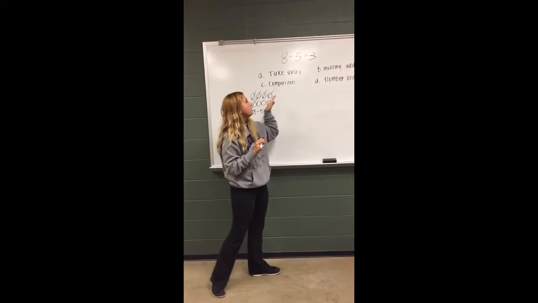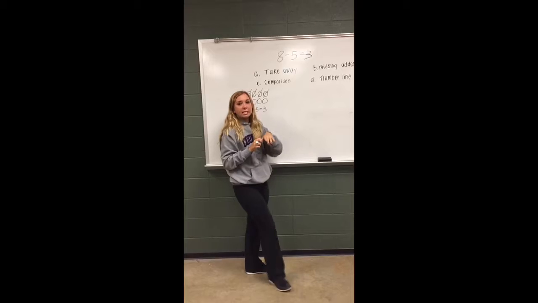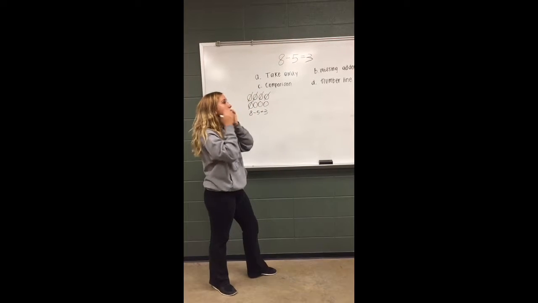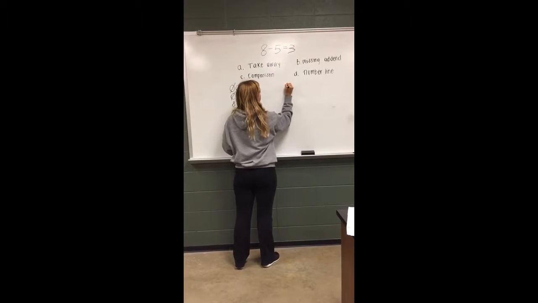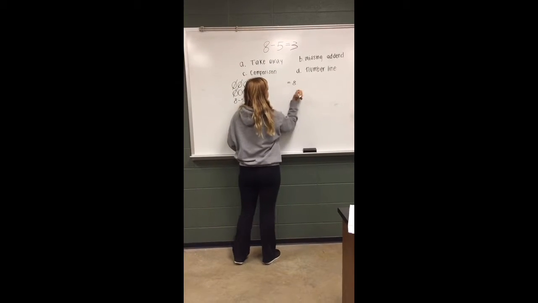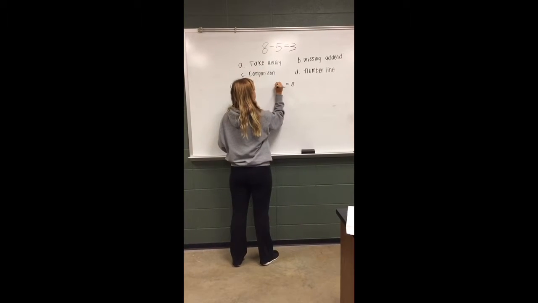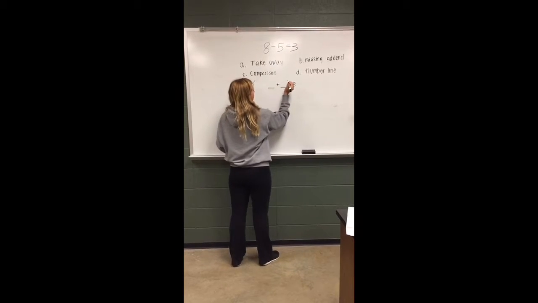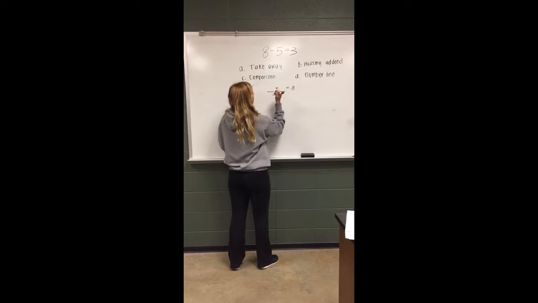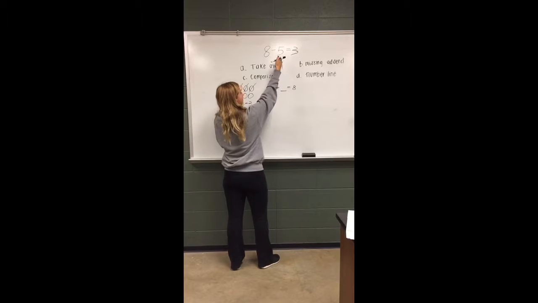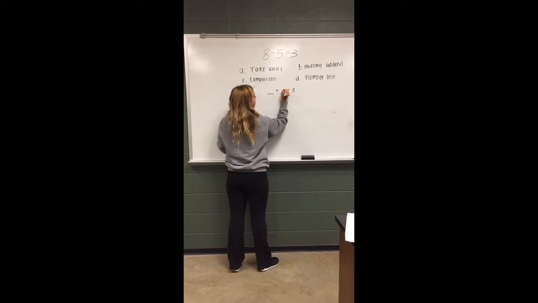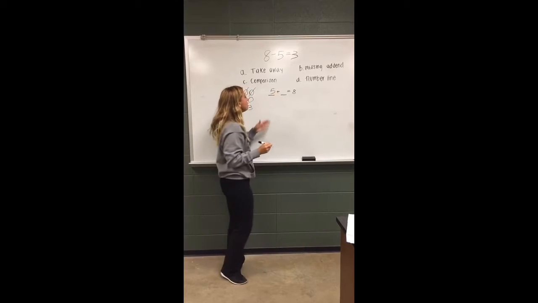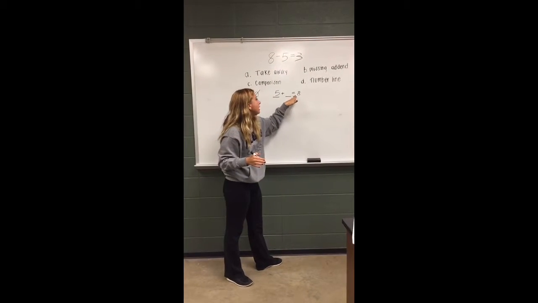Now we're going to move on to Part B, which is our missing added. So for missing added, we're basically going to be working backwards. So I'm going to write equals 8, and I already know I have a 3 or a 5, but I'm going to choose the 5 because it's part of the first part of the equation. So 5. So now I have 5 plus what equals 8.